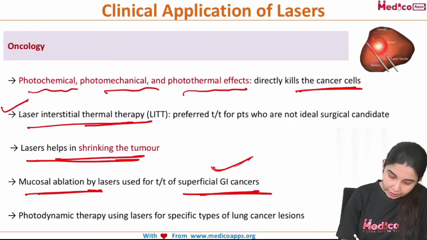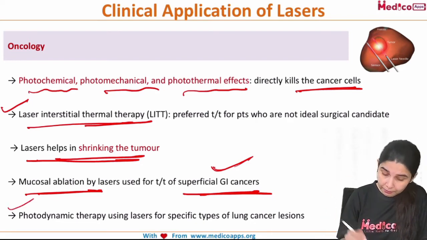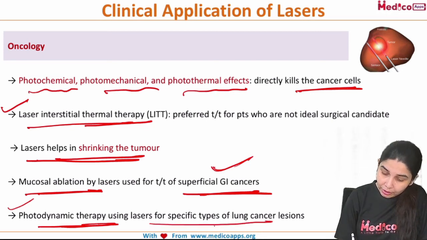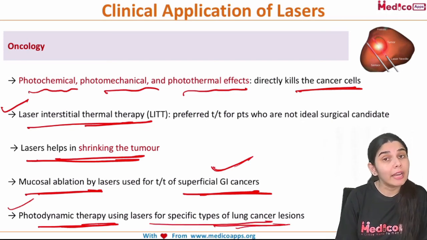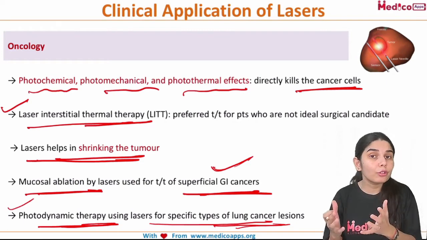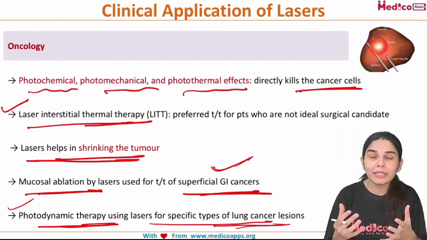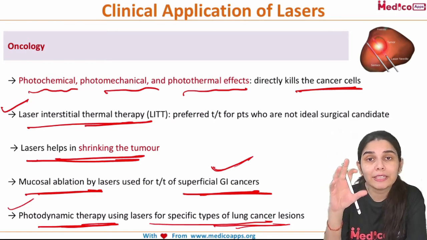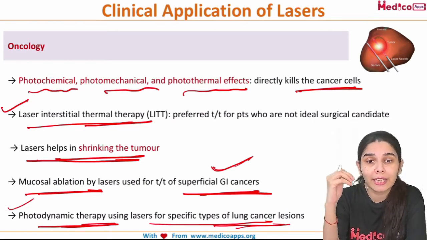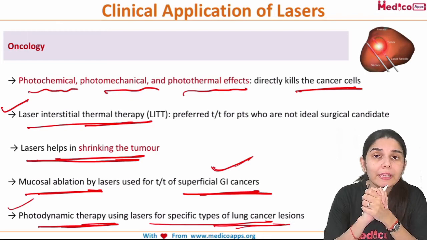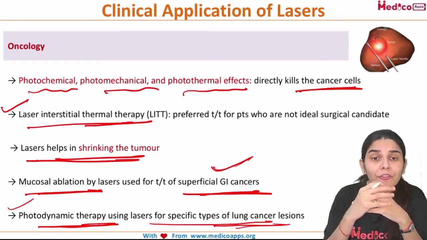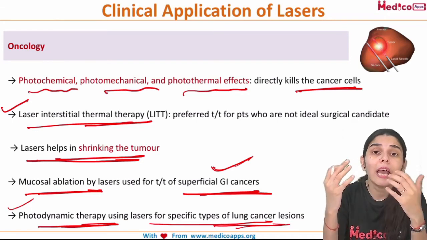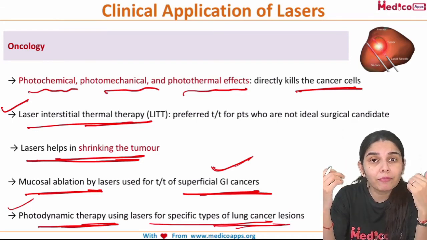After that, the next application is photodynamic therapy using lasers for specific types of lung cancer lesions. Photodynamic therapy is a treatment that uses a drug called a photosensitizer, and it uses a type of light energy.